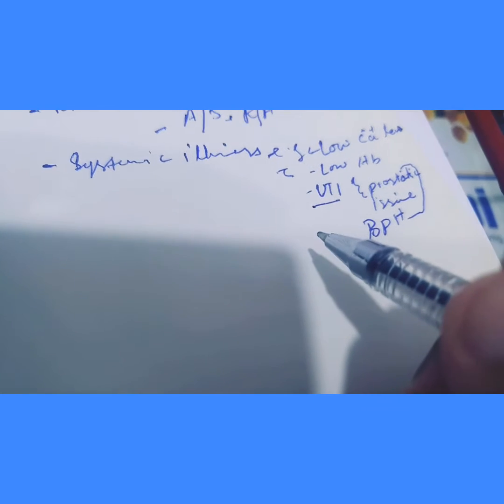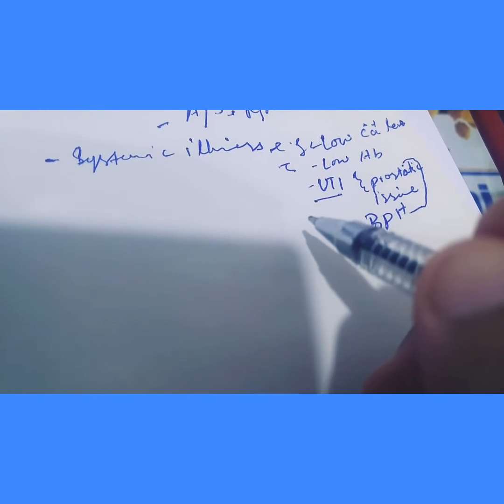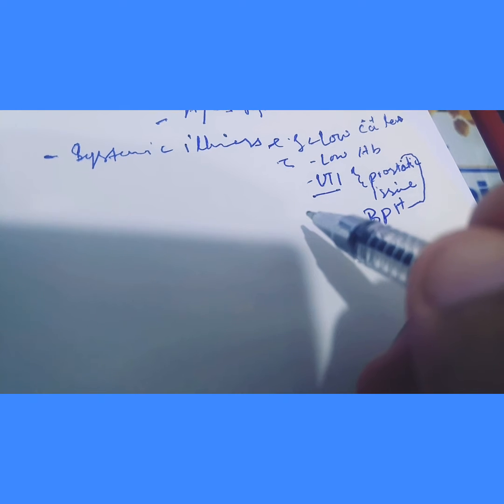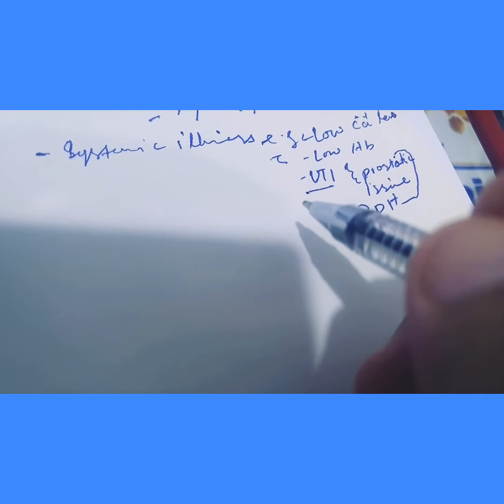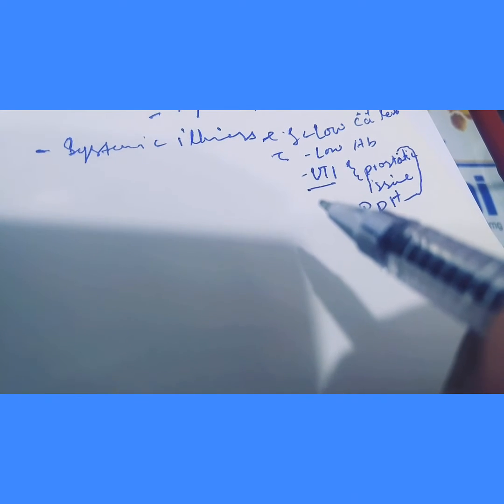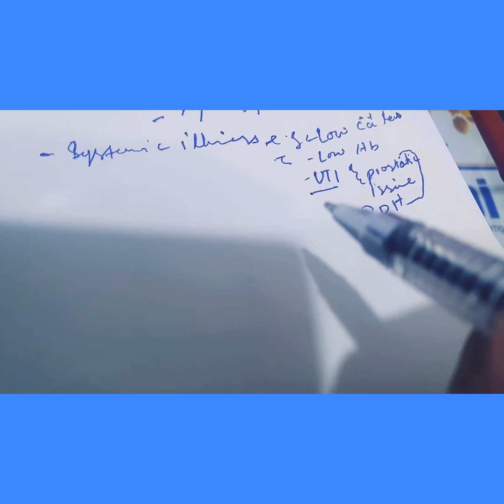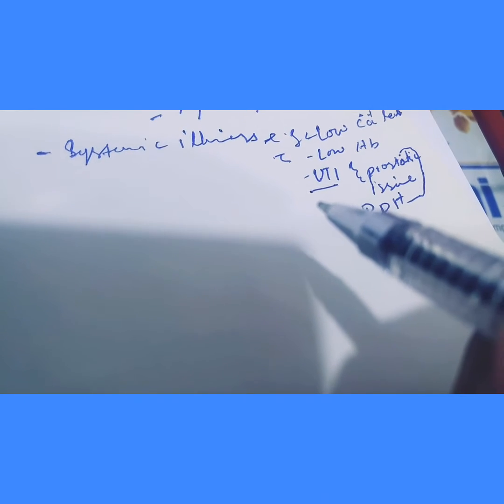So in systemic causes, there can be multiple causes of low back pain. We have to make a proper differential diagnosis of each cause, which can lead us to a good diagnosis and a good treatment procedure.